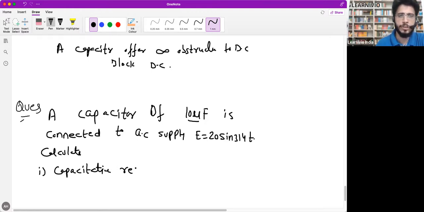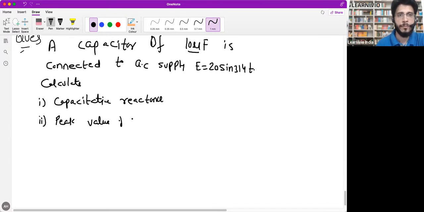Similar question, just instead of inductor, you have capacitor. Capacitive reactance. Second part: peak value of current. Third part: micro means minus 6 power, milli is minus 3.